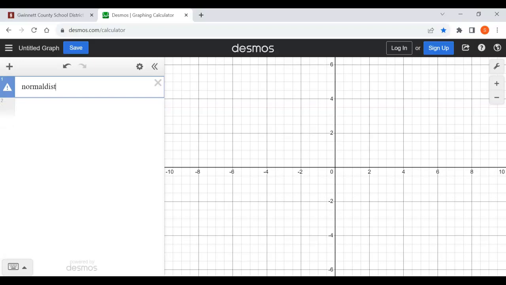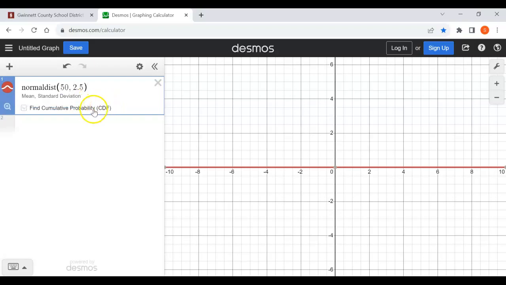Notice how it straightens up, right? So you start typing normal distribution and stop. Then now we need to put in first the mean, then the standard deviation. So the mean was 50 with a standard deviation of 2.5, then close the parentheses.